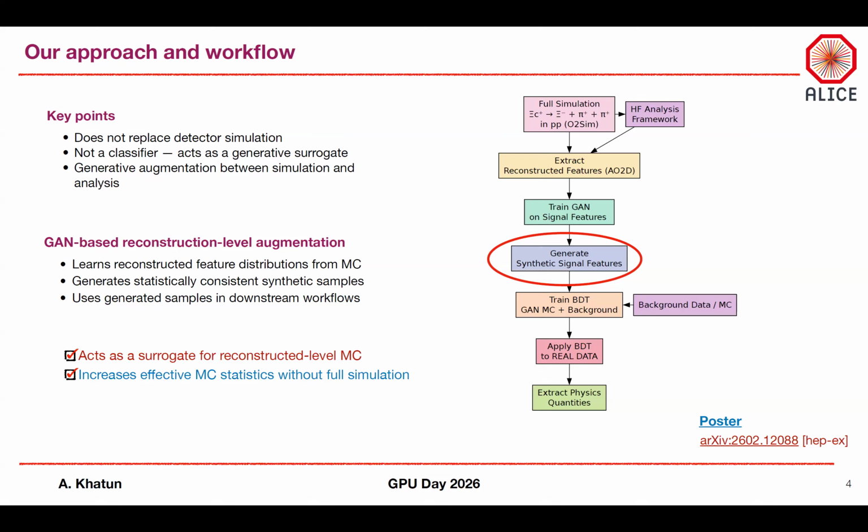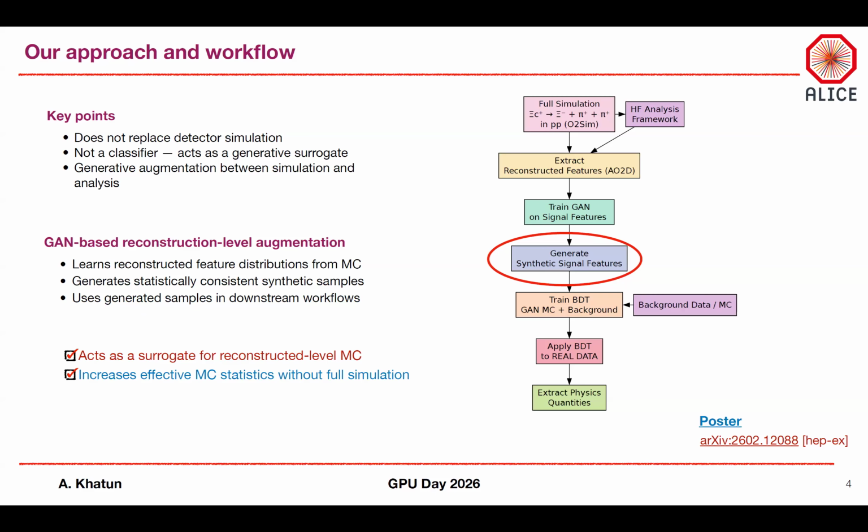Here, there are applications where people are trying to generate from the generation side, also the digitization side, like there are multiple applications in the CMS and ATLAS collaborations, even in ALICE. In this particular case, we are taking what is already reconstructed, the shape of the feature distributions, not the event by event or digitization, hits or digits.